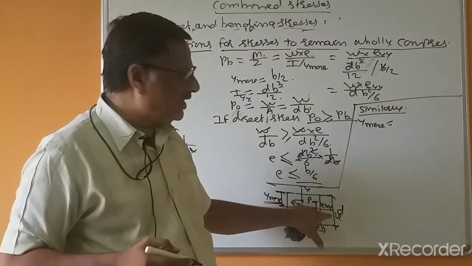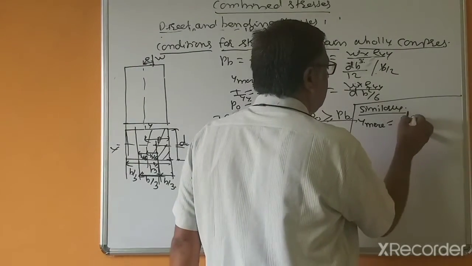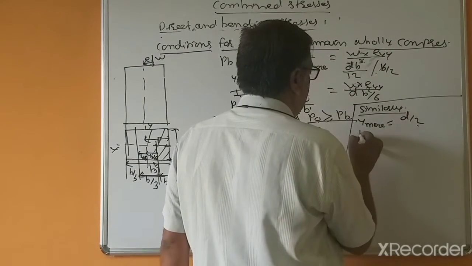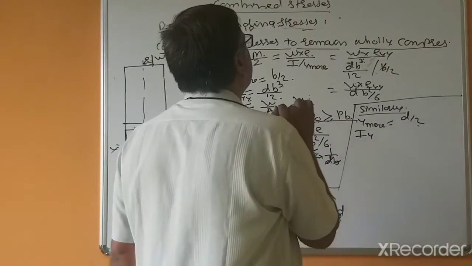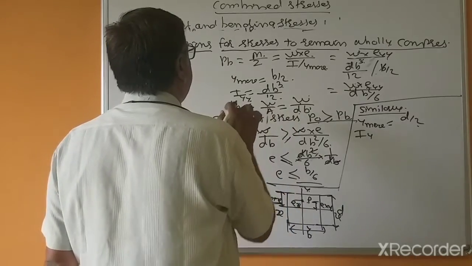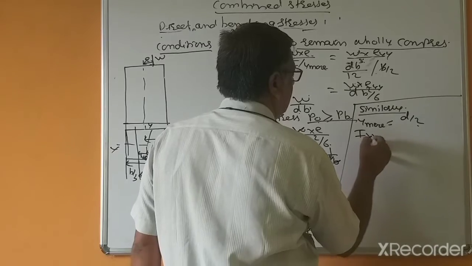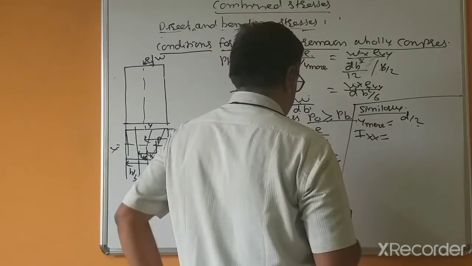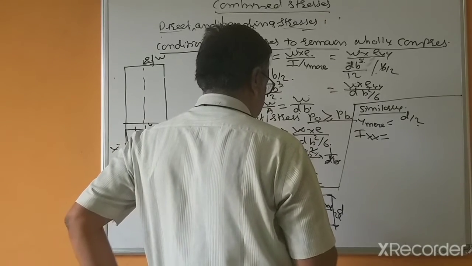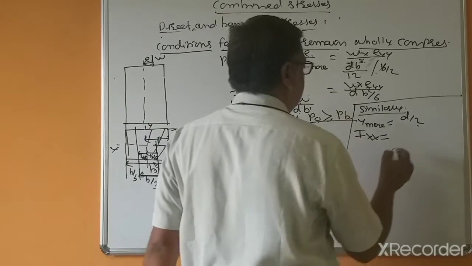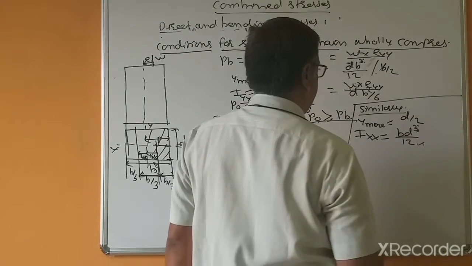Now in this case, the neutral axis is the XX axis. So Y max equals D divided by 2, and moment of inertia about the XX axis, where B is the width, is BD cube divided by 12.